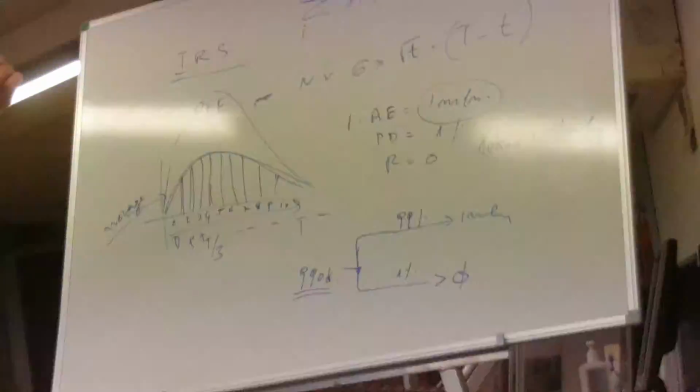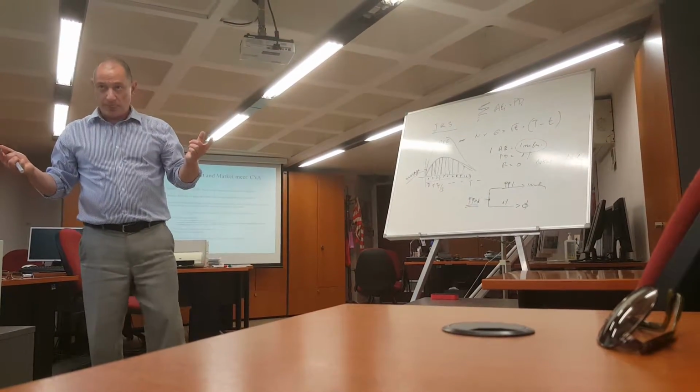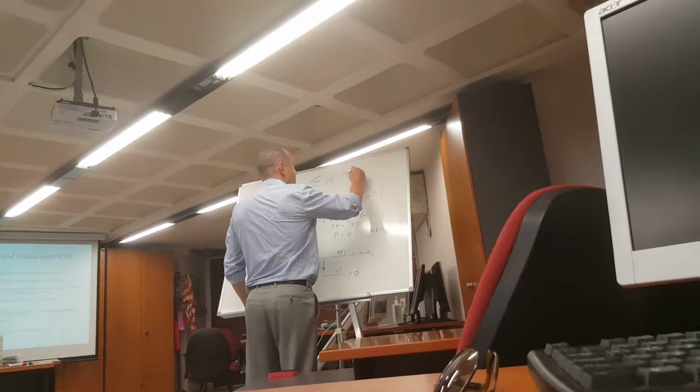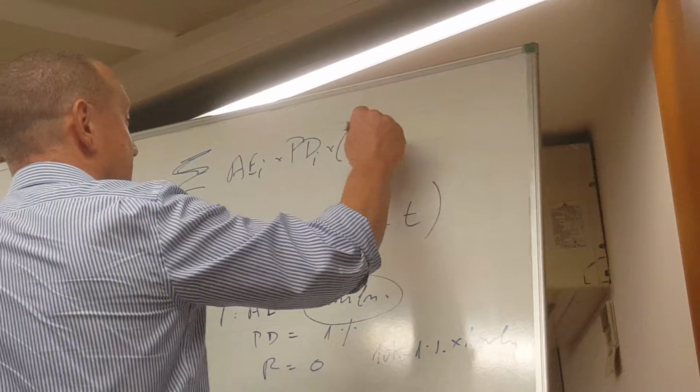Okay? And now let's make this a little more realistic. Of course, if there's a default event, I will not lose everything. There is always going to be a recovery rate. So I have to reduce this by the recovery rate.